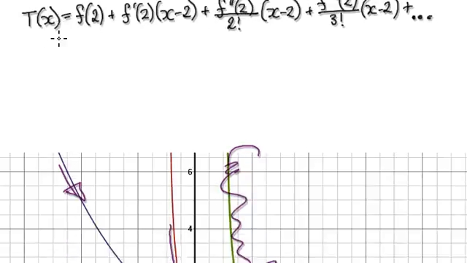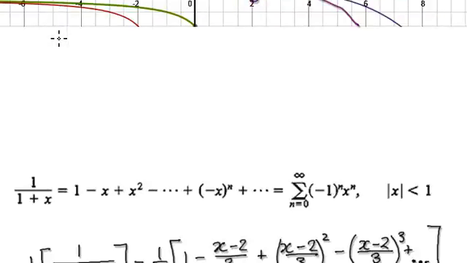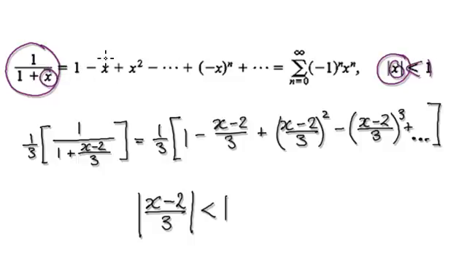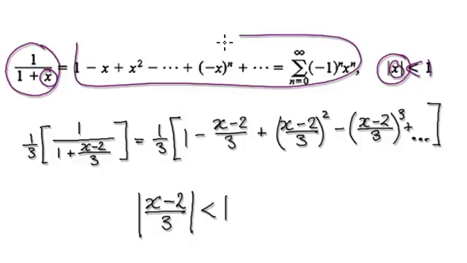Now we need to look at the domain for our function. So if you look at this here, we require the absolute value of the bubble to be less than 1 in order for this series to be valid.